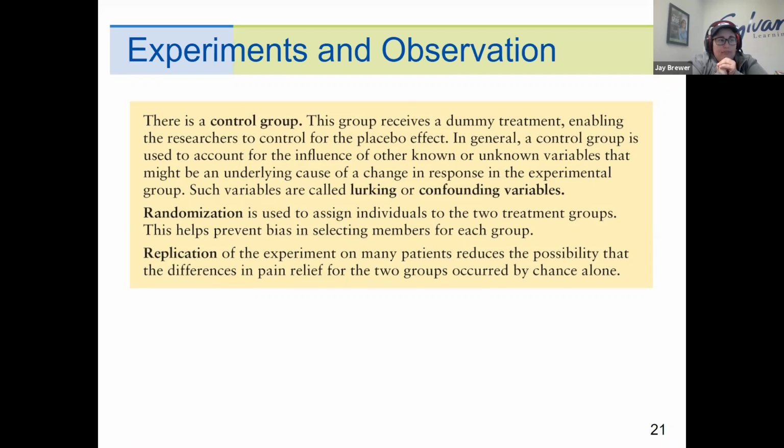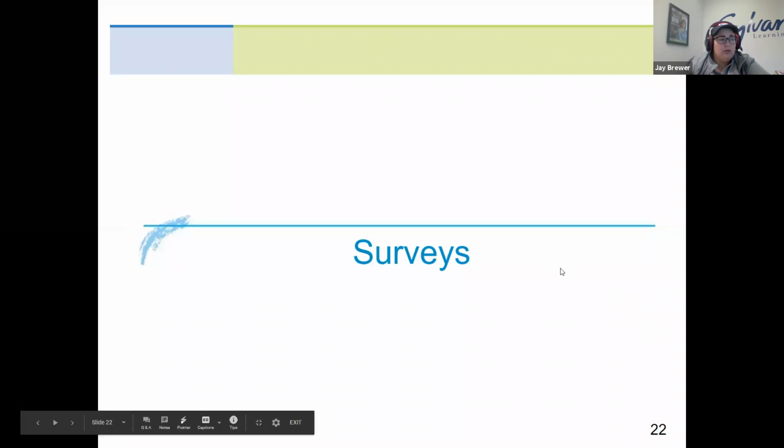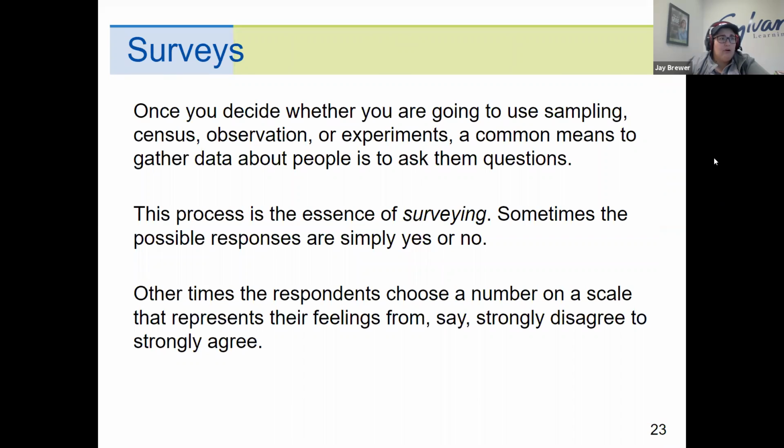And in order to get validity in a research area, you have to be able to show that what you've done can be replicated. And when it is replicated, those results will be very similar to the results that you came up with. So a lot of times researchers will actually replicate their own work, if for nothing else than to validate what they've already found to be true.